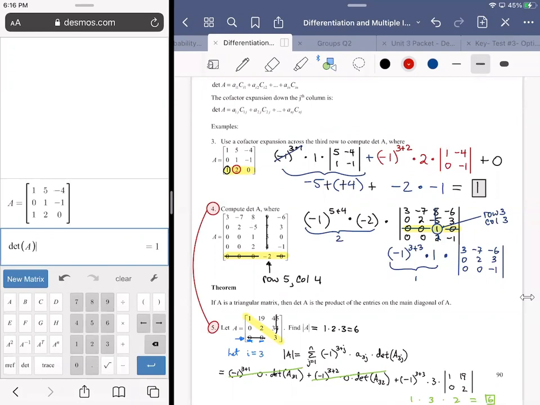We learned last time that to find the determinant of an upper triangular matrix, all you have to do is multiply down the main diagonal. In this case we would be looking at a -6. So the determinant of A is going to be 2 times 1 times -6, which is -12.